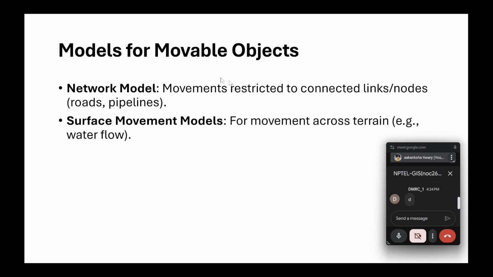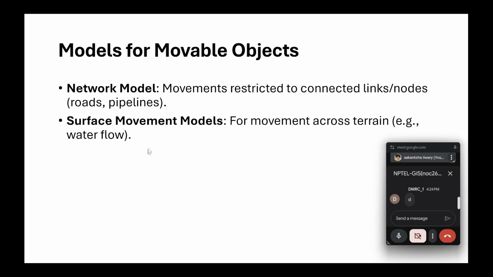Models for movable objects. Movable objects are very hard to represent. So they can be represented by a network model. A network model basically gives connected links or nodes, but the movement is restricted to that connected link. And for the surface movement model, movement can be done across terrain, for example water flow.